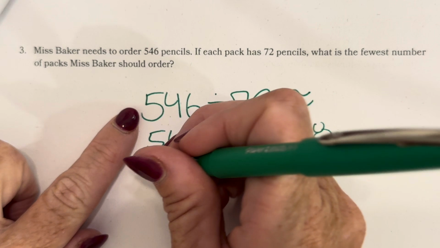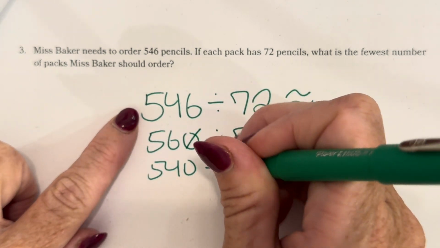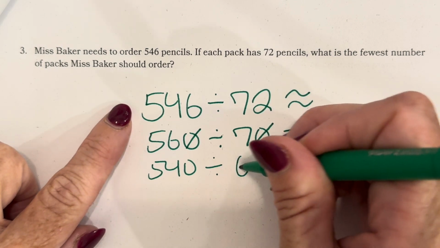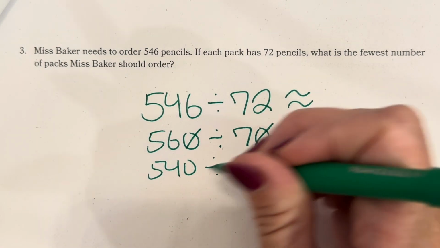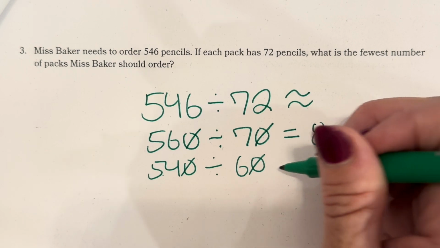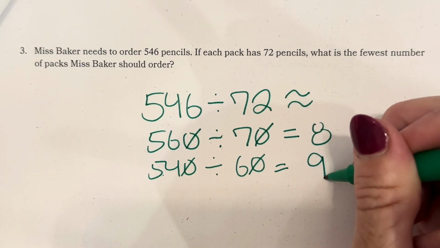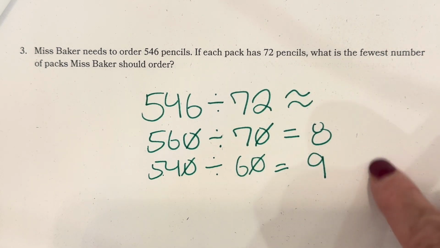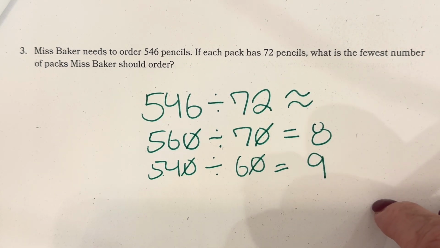Or I might have changed this to 540 and changed this one to 60, and 54 divided by 6 is 9. So I think my answer is going to be somewhere around 8 or 9. So let's actually check them.